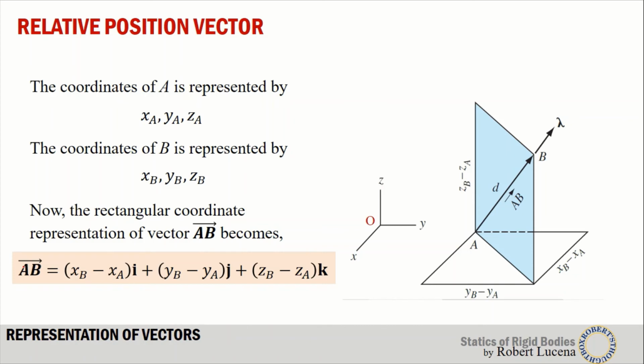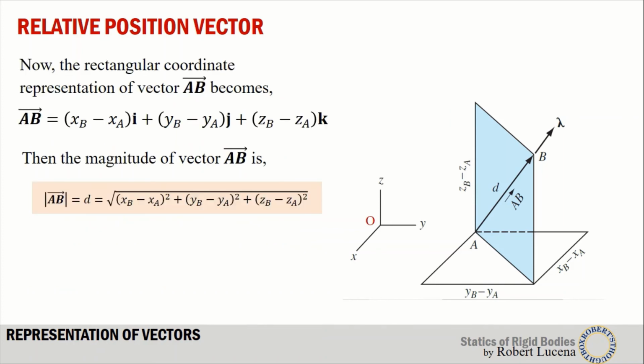So, to get vector AB represented in 3 dimensions, we have XB minus XA, or the X coordinate of point B minus the X coordinate of point A, then put i boldface, plus the Y coordinate of point B minus the Y coordinate of point A, then j, plus the Z coordinate of point B minus the Z coordinate of point A. Now that's how you write vector AB.